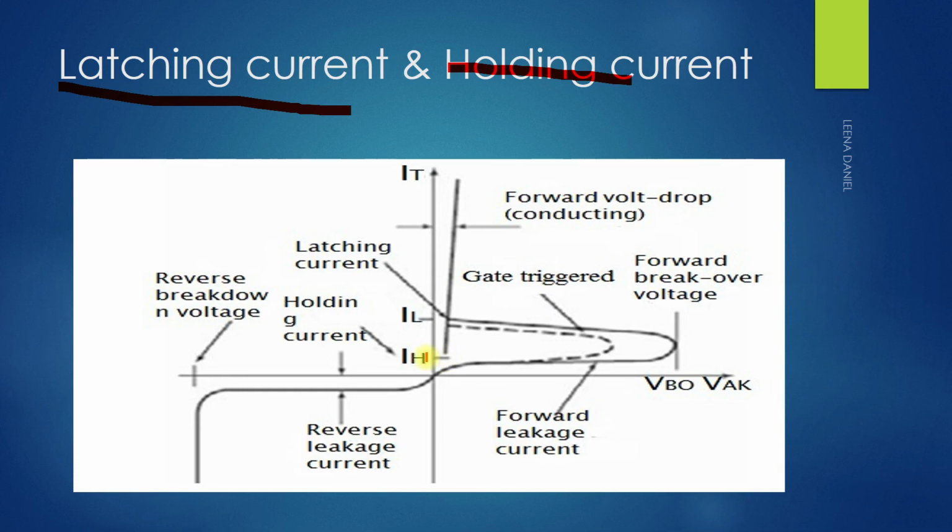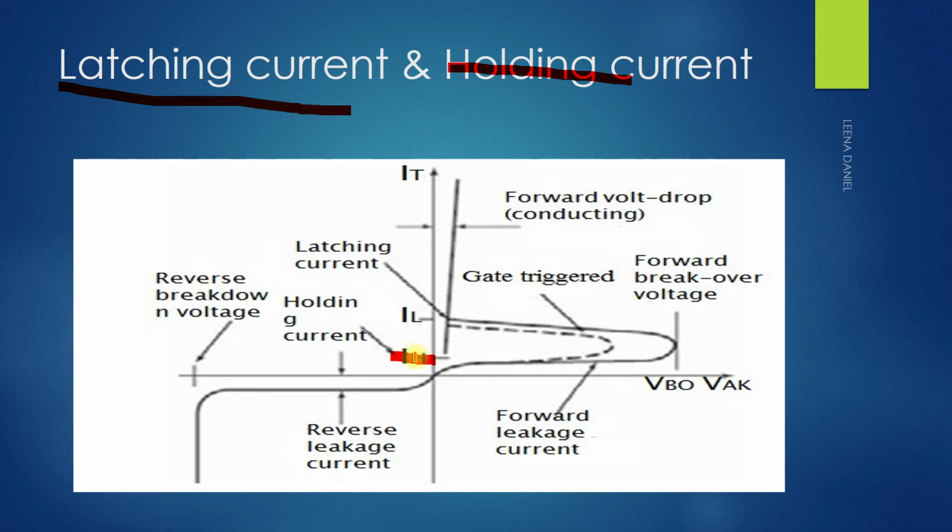At this point, when we require to turn off the thyristor, we define the holding current. If I am reducing the anode current and I reach this IH, then after this IH the thyristor will turn off.